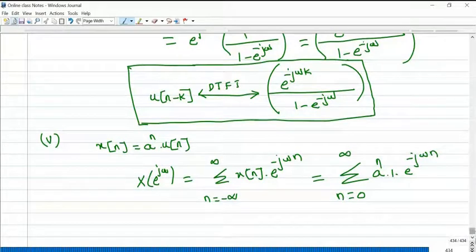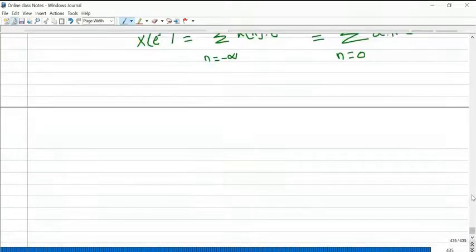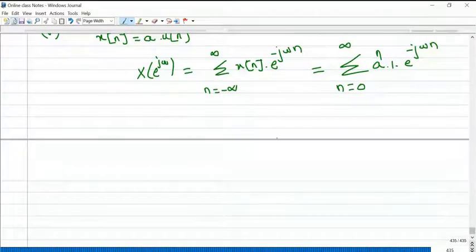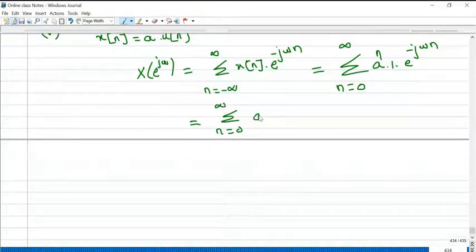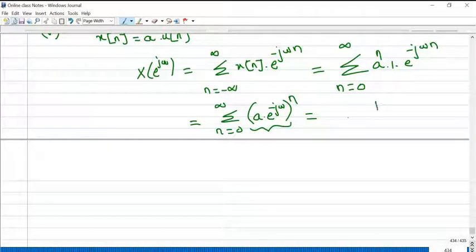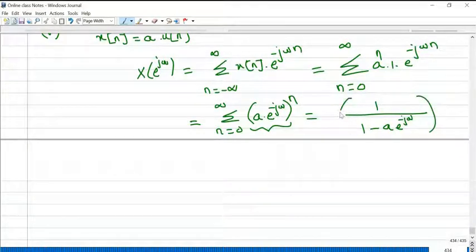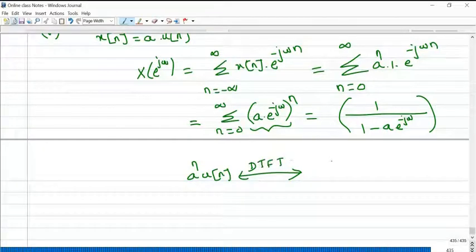Okay, so rewrite this equation: 0 to infinity a power n, if you rearrange, summation n from 0 to infinity of (a e power minus j omega) whole power n. This entire term we now consider as a power n, so the result is 1 divided by 1 minus a. So for a power n u n, if we find the DTFT, the result is 1 divided by 1 minus a e power minus j omega.